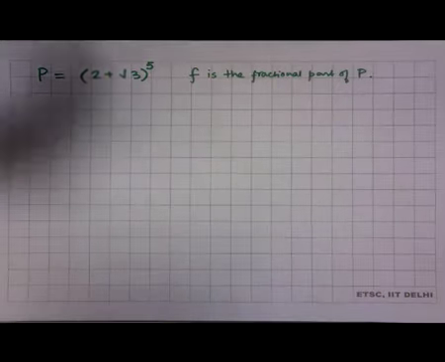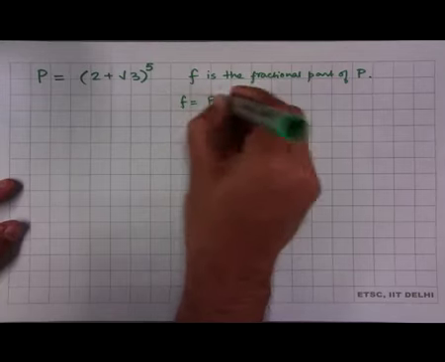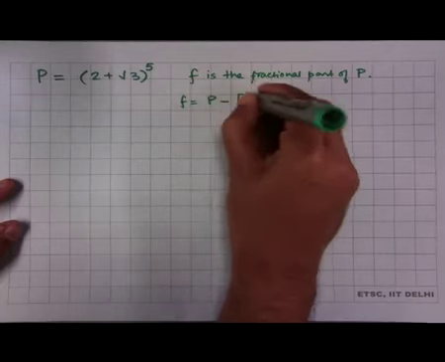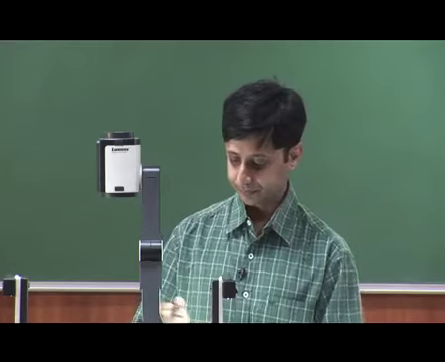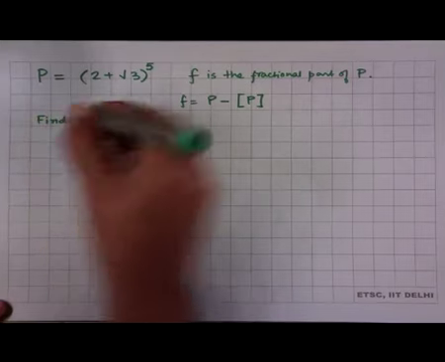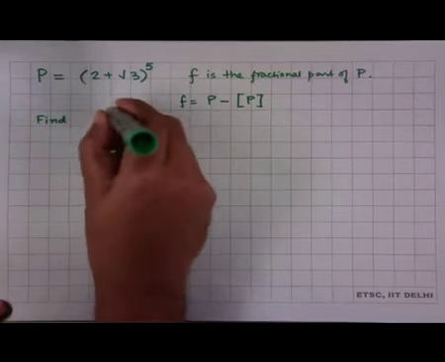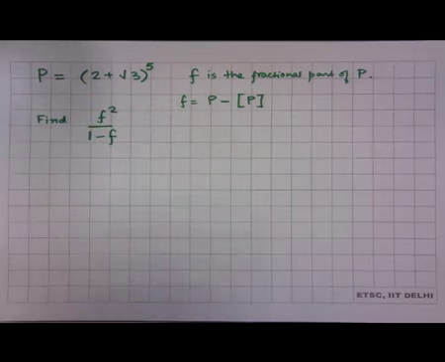So, the way the question can be stated is f is equal to p minus the largest integer inside p. Okay. This is given. Find f squared by 1 minus f. Okay. So, this is the question. Find the value of f squared by 1 minus f.